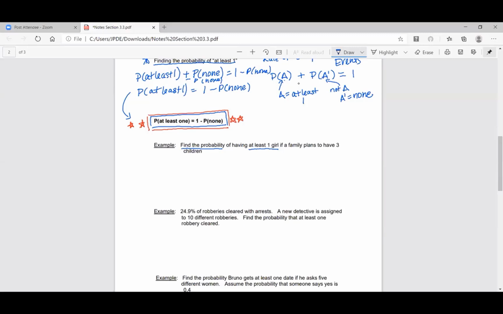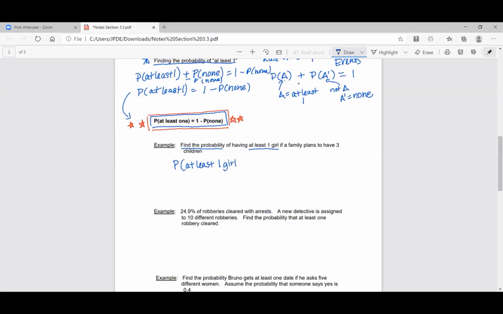And I intentionally am giving you the words because I want to make sure you can get to the symbols. So it says find the probability. So we're finding the probability that this family has at least 1 girl, and it's out of 3 children.